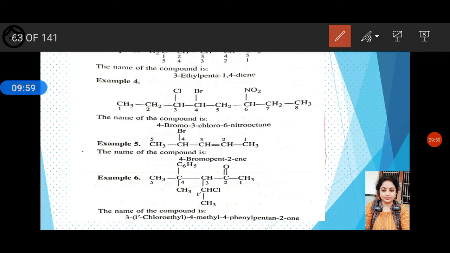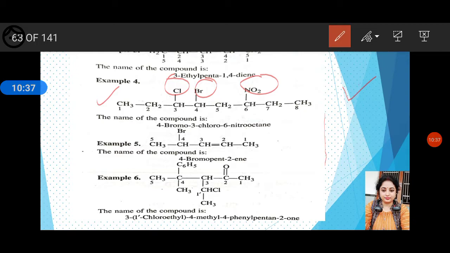Now we have to first see the longest chain. From left hand side or from right hand side, it is similar, but from which side do we have to move? Why have we started from this carbon, why not from this carbon? We have to remember that whenever we are choosing the numbering of carbon, we have to see that the functional group should get the least number.